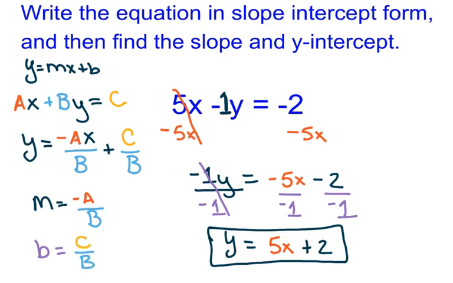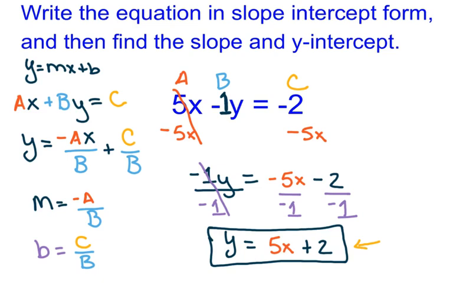Okay, that's how they relate. So if I looked at this original one, a would have been 5, b would have been negative 1, and c would have been negative 2. So if I'm looking here and I'm using the formula, negative a, so negative 5 divided by b, gives me a positive 5. Negative 2 divided by negative 1 gives me that positive 2. So that's how we get those numbers.